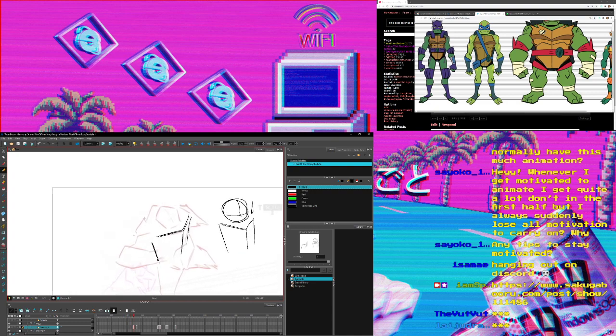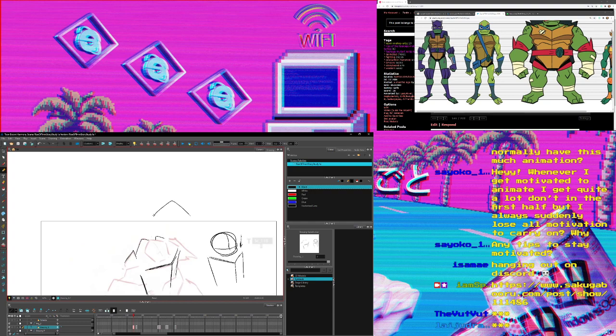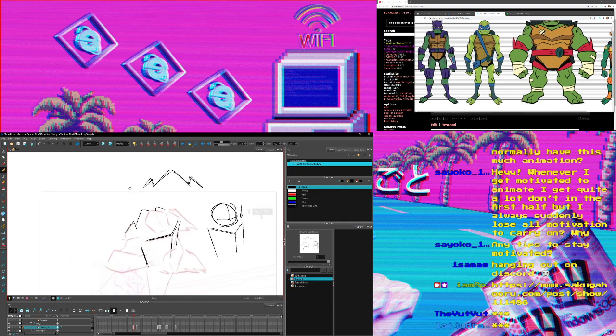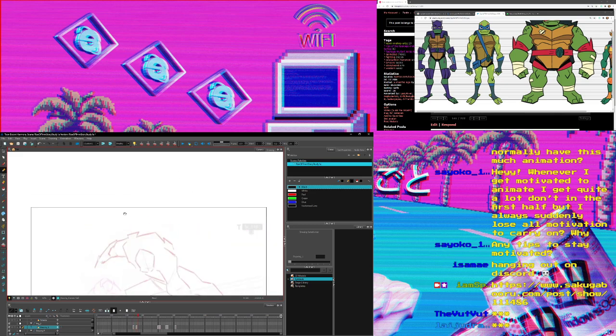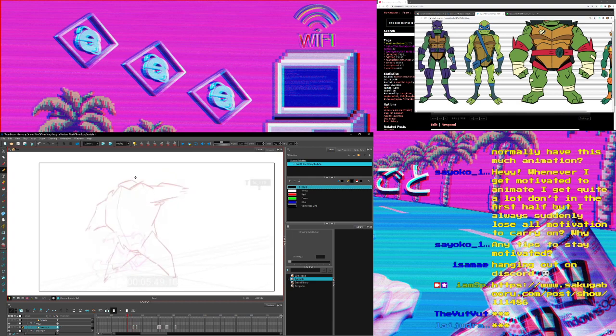We'll keep an eye out for how the other characters are simplified. But you notice there's that little simplified version of the shell design. It's just enough for the board artist to track what's going on with his silhouette.